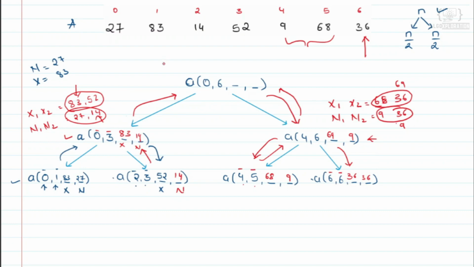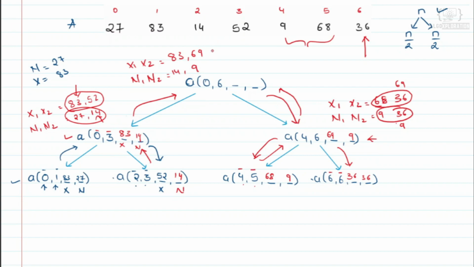Now similarly here also this function has 4 values: x1, x2, n1 and n2. Now x1 value is 83 and x2 value is 68 and n1 value is 14 and n2 value is 9.